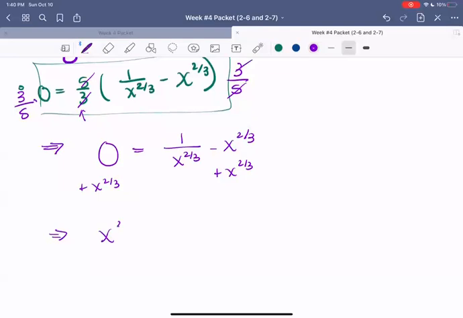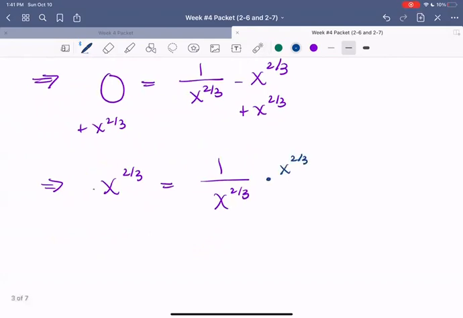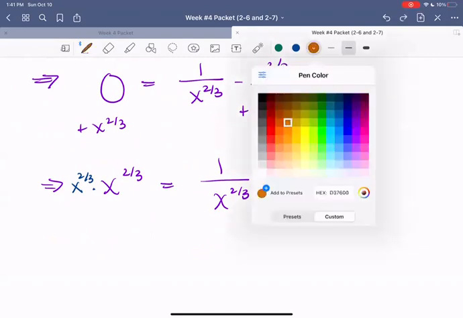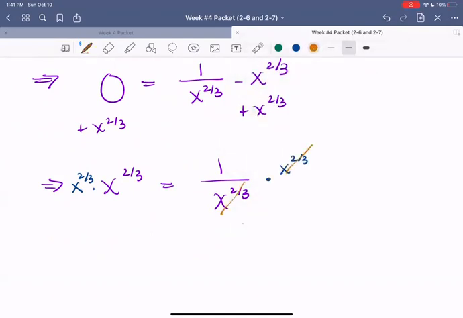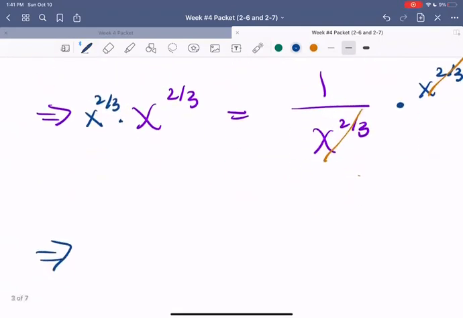So I have x to the 2/3 equals 1 over x to the 2/3. So now what I want to do is get that x out of the denominator here. So to do that, what I'm going to do is multiply both sides by something. What should I multiply by? I should multiply both sides by x to the 2/3, because then when I do that, that term, x to the 2/3, will cancel the term in the denominator. So now the left-hand side becomes x to the 2/3 times x to the 2/3.